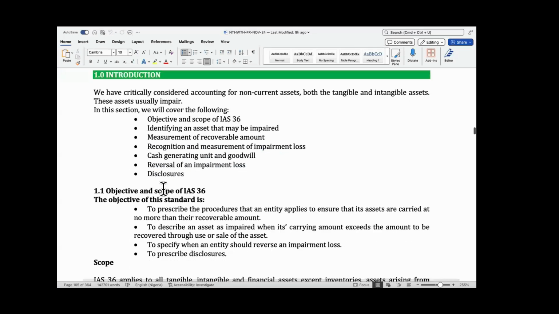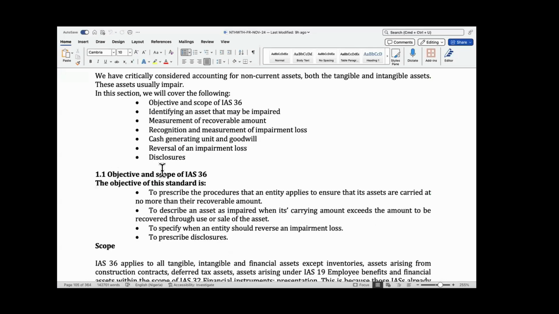So the first part is, why are we learning this standard? What is the objective of this standard? Like I've mentioned before, the objective is to ensure that an entity that has an asset must ensure that the assets are carried at no more than their recoverable amount.